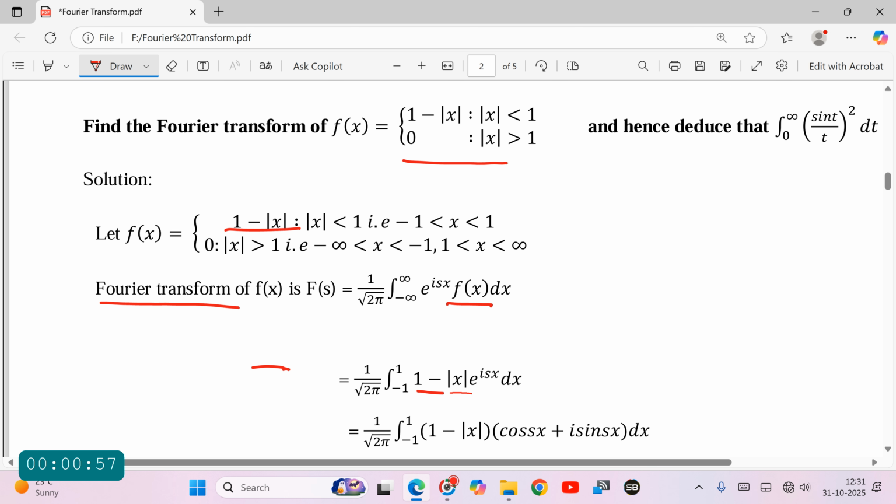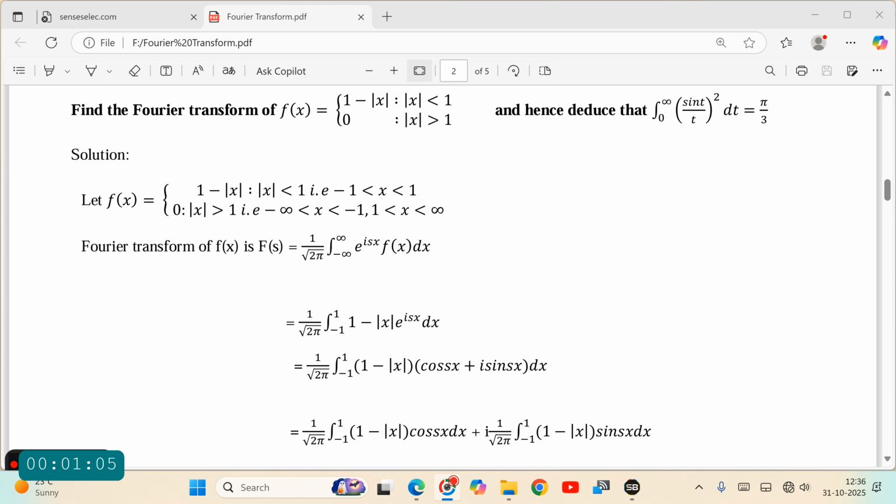So 1 minus modulus x under the limit of minus 1 to plus 1. Now write the formula of e power isx. You know the formula for e power i theta, right? What is the formula for e power i theta?